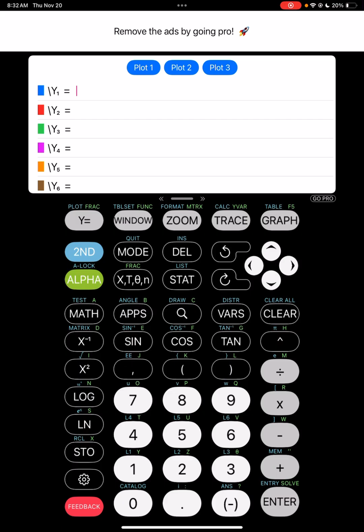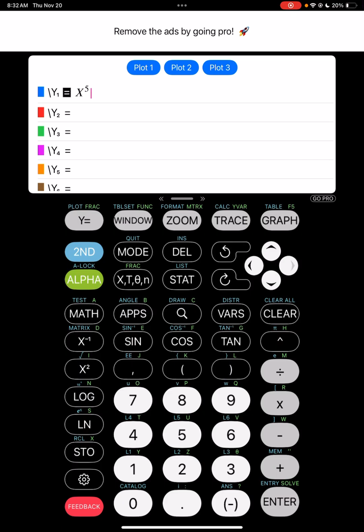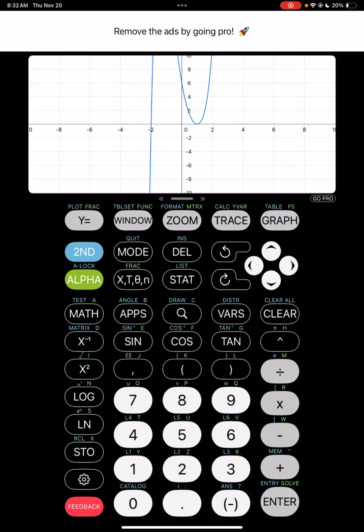So let's plug this in. And then we can look at the graph.